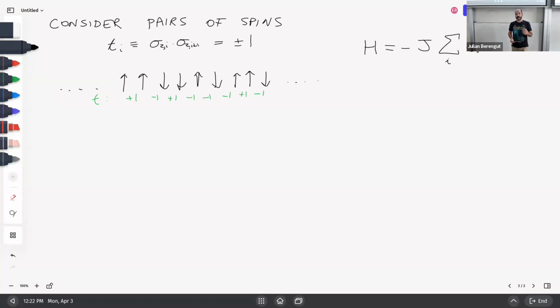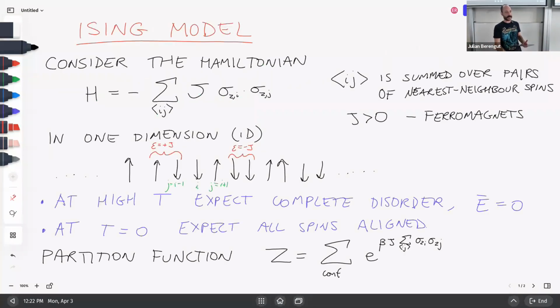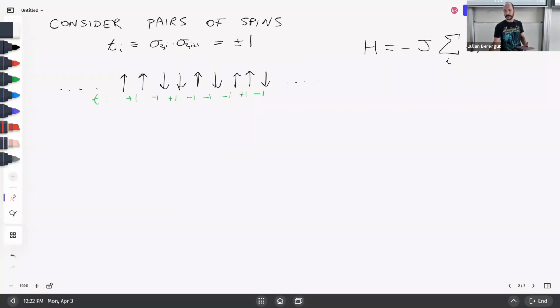Have I got the signs right? If they're the same, they're aligned, that's a plus, and then I get a minus sign out the front. So it's correct. So that's H. That's the energy, exactly the same energy as I've got up here. Same energy. I've just replaced this sum over pairs here with a sum over Ti's.